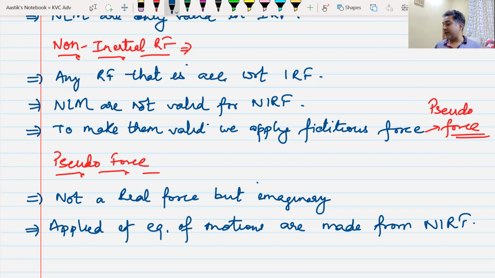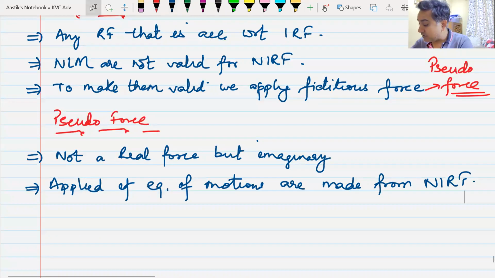Do you understand the meaning of NIRF? Non-inertial reference frame. If you are trying to make the equation of a body from a non-inertial reference frame, you will have to apply this force, which is known as the pseudo force. Now, how much is the value of this pseudo force?